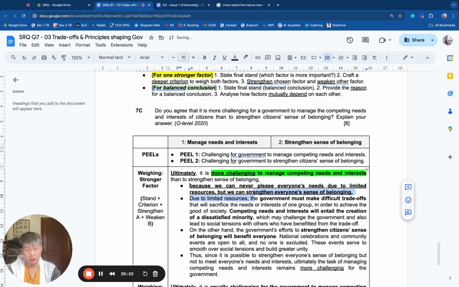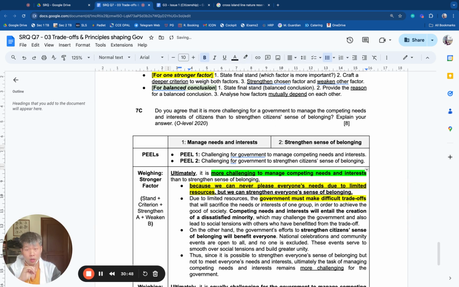Because we can never please everyone. It's not possible. When we have limited resources, as in Toa Payoh estate or as in the Cross Island Line, there will be one group that's left disgruntled. And by definition, therefore, we can never succeed 100%, right? Because there are limited resources. Not everyone can be pleased. That's why the trade-offs are difficult.